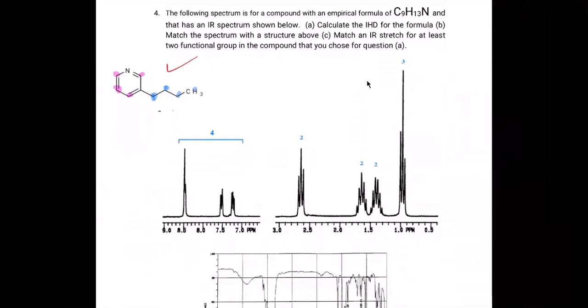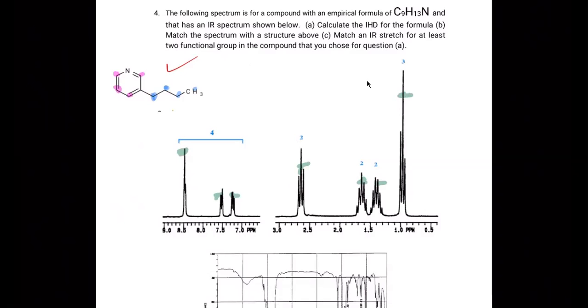Not splitting patterns. How many signals do you see? 5 signals. All right. 4. Wait. 1, 2. Just 6 signals, because this is one right here. Right. 7 signals, actually.